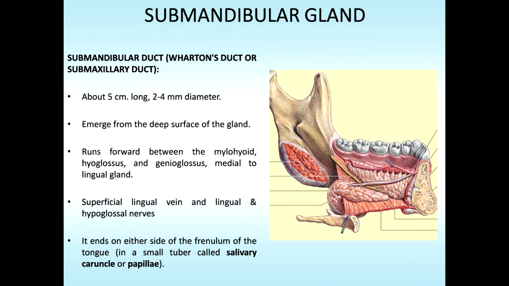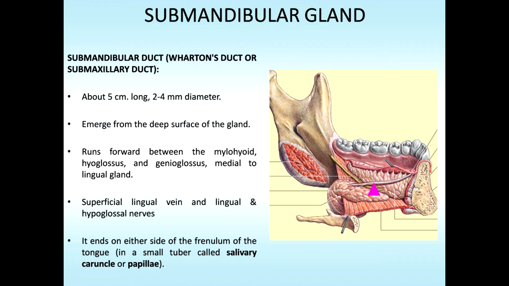The submandibular gland is apart from the oral cavity proper. For this reason, it needs a duct to get the saliva into the oral cavity. Thus, we can talk about the submandibular duct, also known as the Wharton's duct or submaxillary duct. It is about 5 cm long and fairly thin compared to that of the parotid gland.